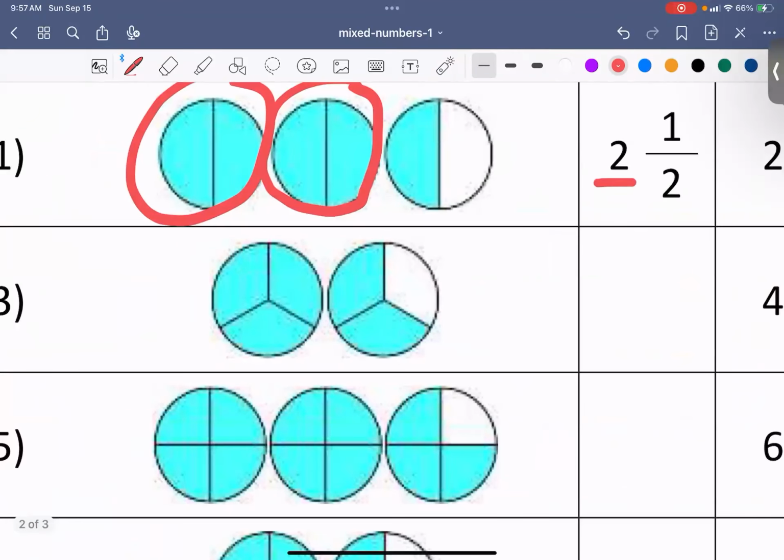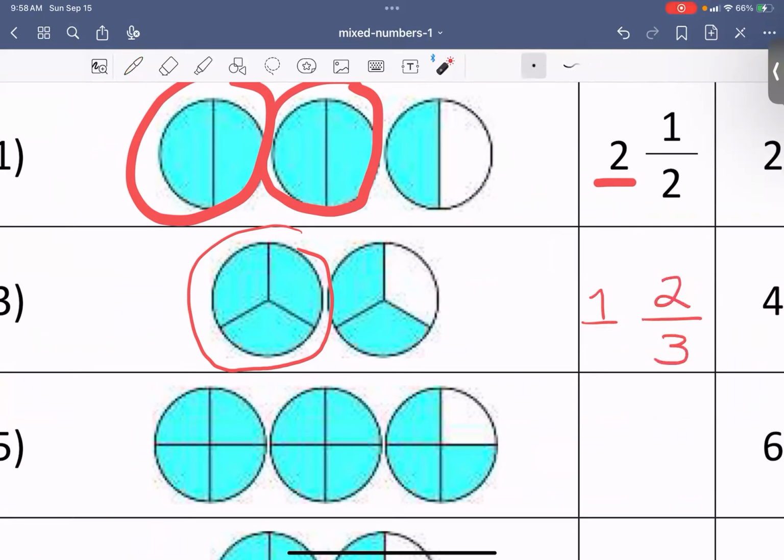Next, we have one circle shaded. Cut into three parts. Then the other circle is cut into three parts, but only two parts are shaded.